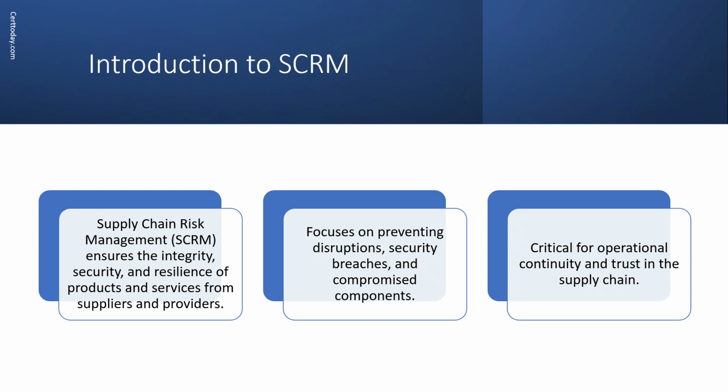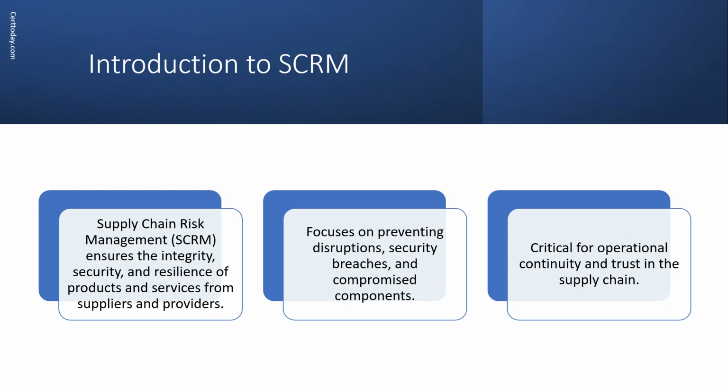SCRM focuses on preventing disruptions caused by various threats, including security breaches, malicious components, and the insertion of counterfeit or tampered products. By managing these risks, organizations can maintain operational continuity and safeguard their reputation.